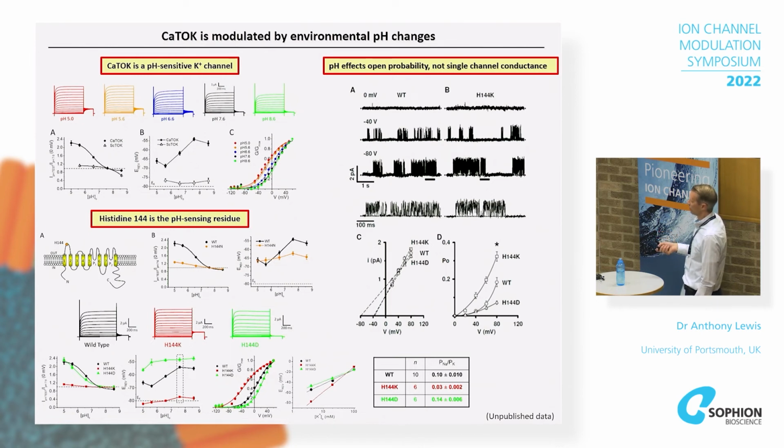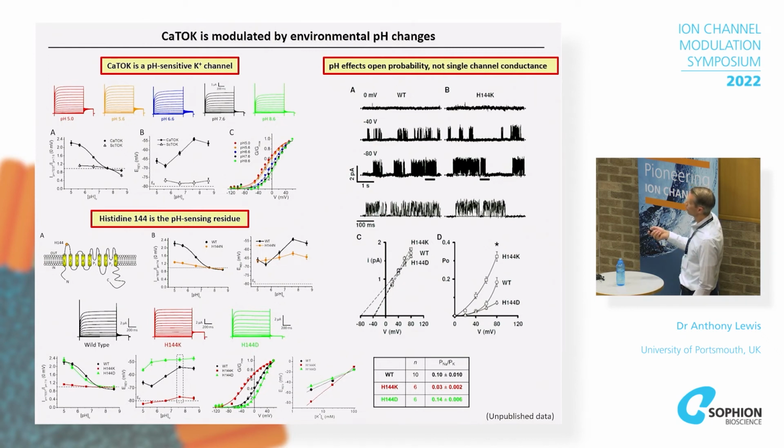With the lysine, obviously it's constitutively protonated, so you don't see any pH response. It's highly selective for potassium, whereas the aspartate mutant is not. And in fact, the lysine tends to reduce sodium permeability from about 10% down to about 3%.